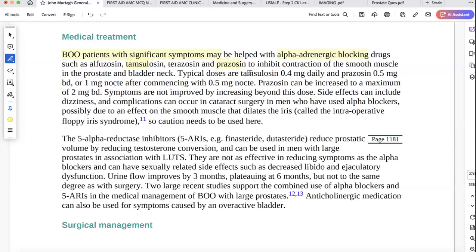If this alpha blocker doesn't work, then you can add 5-alpha reductase inhibitors such as finasteride or dutasteride. This usually reduces the testosterone. And because the prostate needs testosterone to get enlarged, if you can reduce testosterone, the prostate can start to shrink.